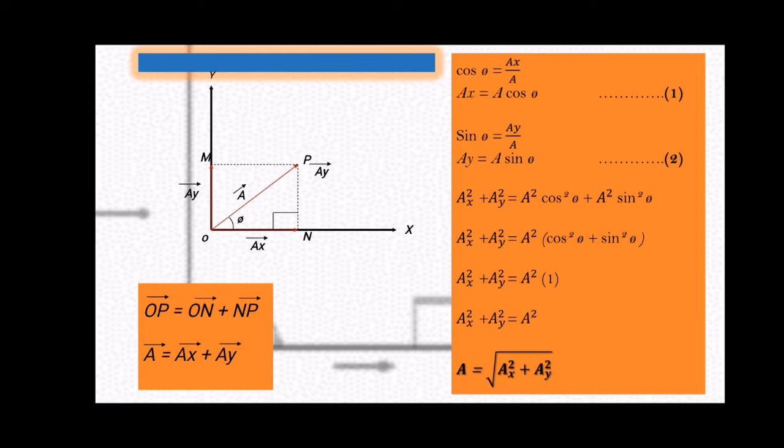Then finally, we will write the magnitude of the given vector A as A is equal to the square root of A squared sub x plus A squared sub y.